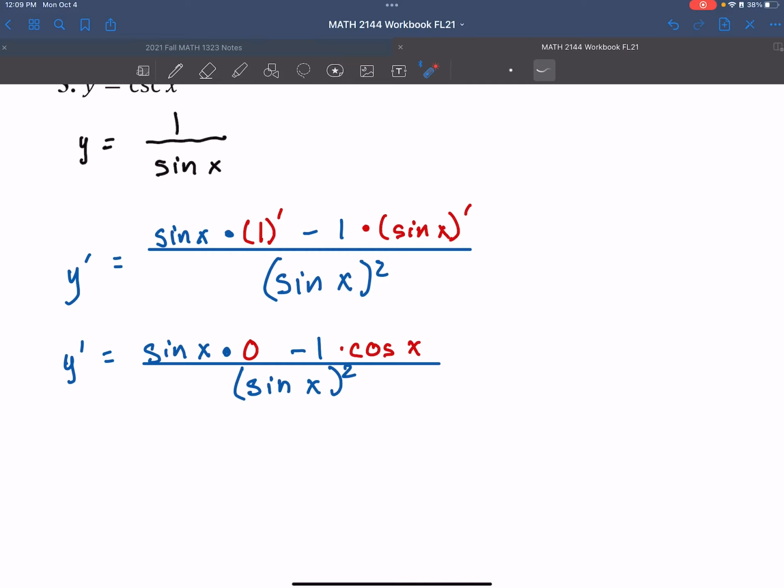We have some cleaning up we can do. So y prime here is going to be 0 minus, so it's just going to be minus cosine of x divided by sine of x, still squared. But what I'm going to go ahead and do, let me write it like this. Let's look at what I have right here. I'm going to go ahead and break up that sine of x squared in the bottom to this. Does everyone agree that what I've written here is equivalent to what's above? The 0 crossed out that term.